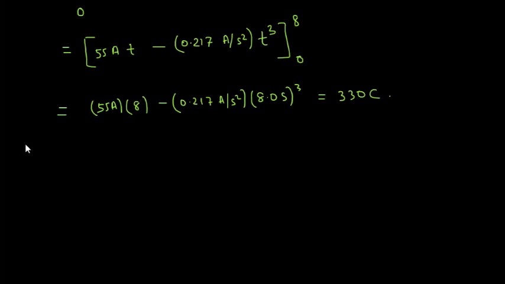Now our next question is to find the value of the constant current, that is I is equal to Q upon T. So Q is 330 coulomb, which we have found, and T is 8 minus 0, that is 8 seconds.